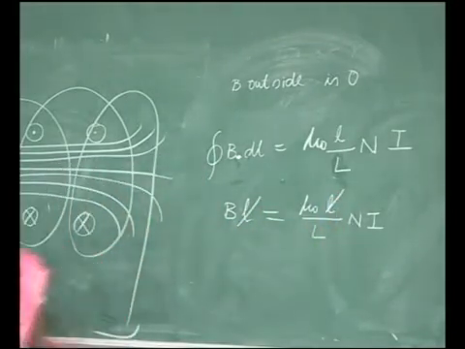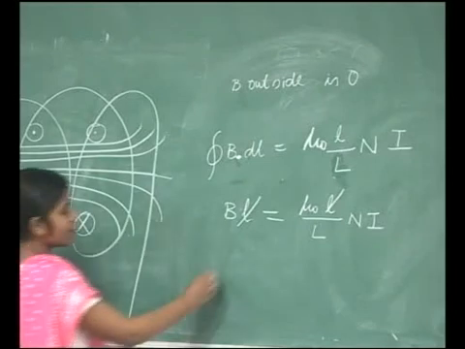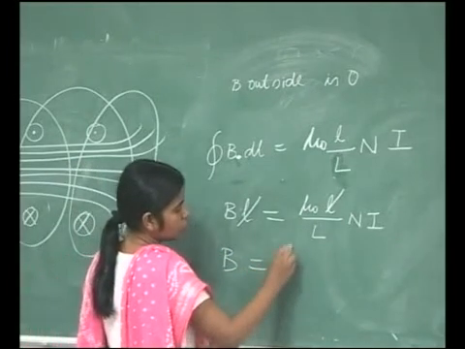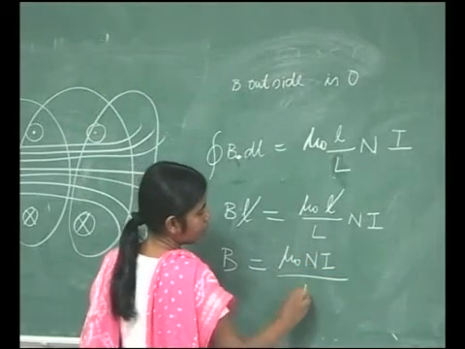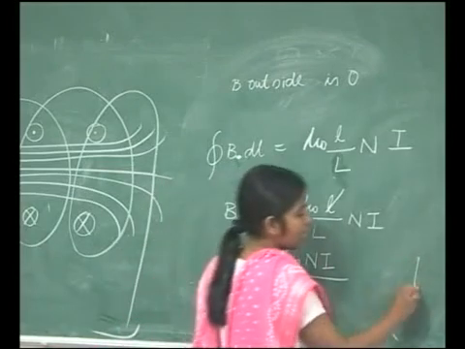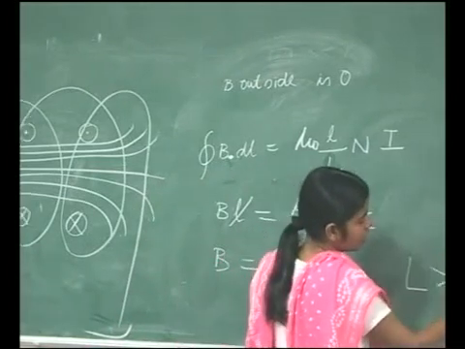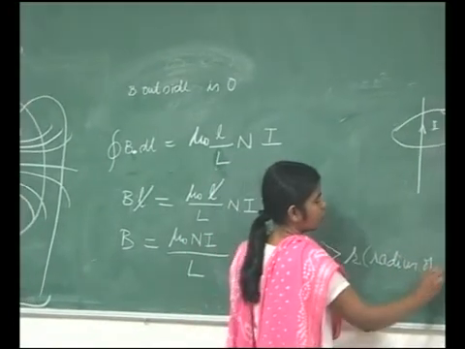So, B is equal to mu 0 N I by L, where L is the length of the solenoid. But always remember, this formalism will hold true if and only if L is much greater than R, the radius of the coil.